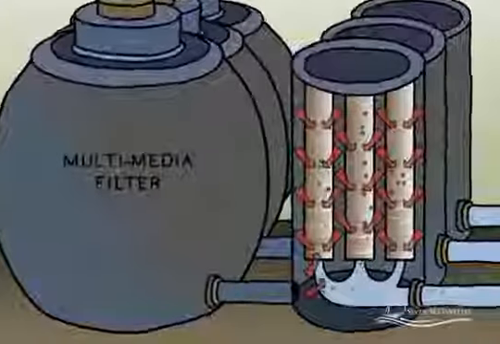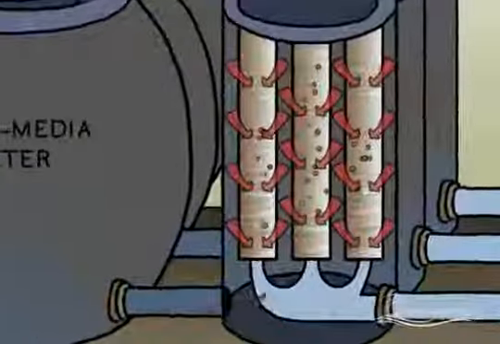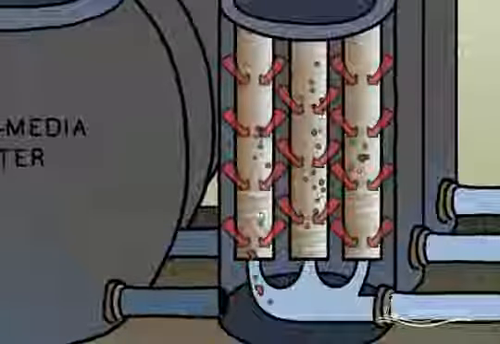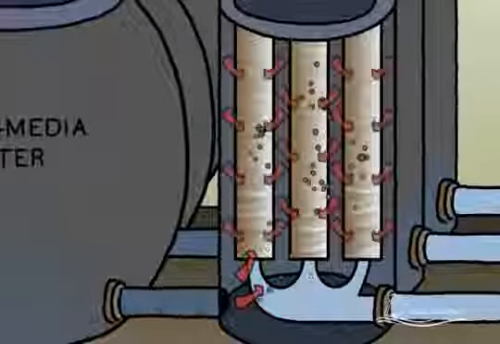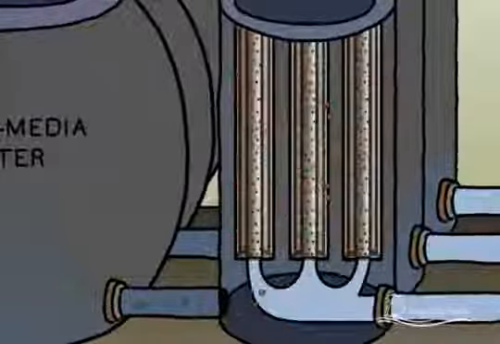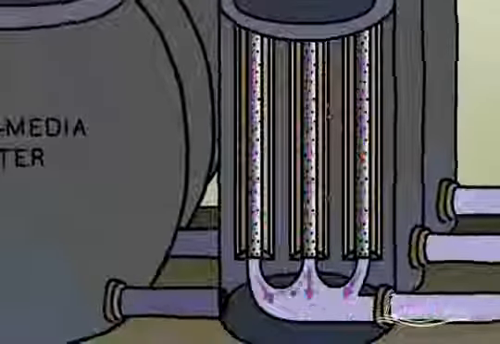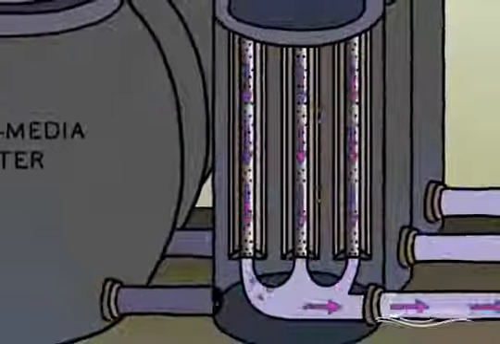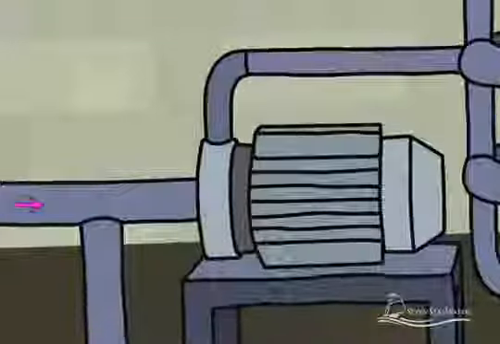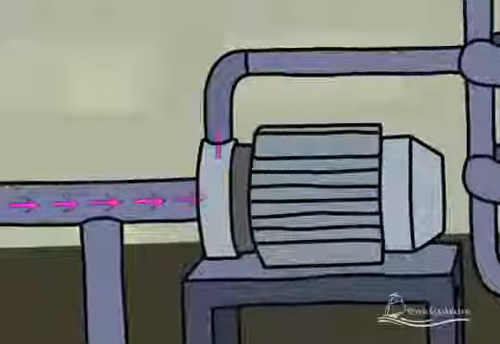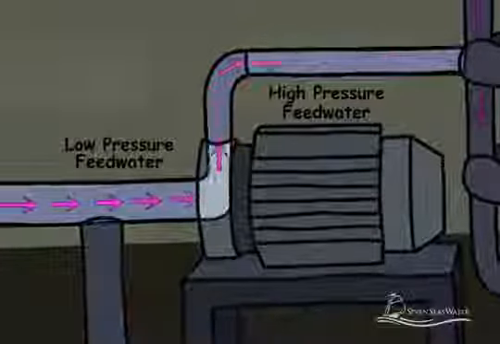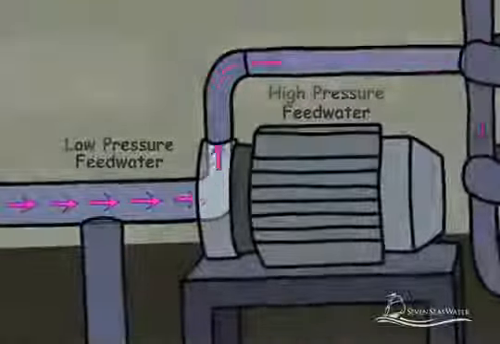Next, the filtered seawater travels to the cartridge filters, which act as a second stage of filtration. Cartridge filters used for seawater reverse osmosis are typically made from a yarn-like synthetic material that is wound into cartridges. These remove even smaller solid particles from the seawater, such as fine sand and clay, before the seawater proceeds to the reverse osmosis membranes. High-pressure pumps increase the pressure of the seawater up to 1,000 psi.